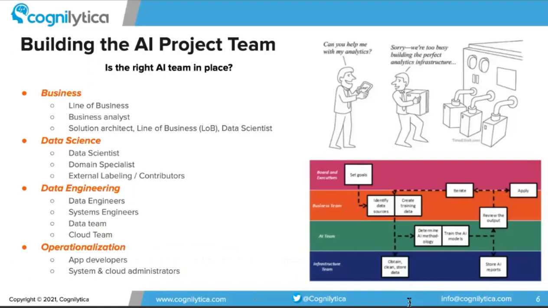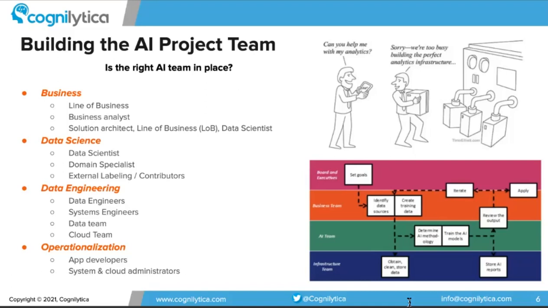Business analysts, solution architects, data scientists. A lot of times data scientists fall within that line of business. So, do you have the right roles and skill sets in place there? Then data science itself. Do you have a data scientist on your team? Do you have a domain specialist? And then we talked about data issues and data quality issues.